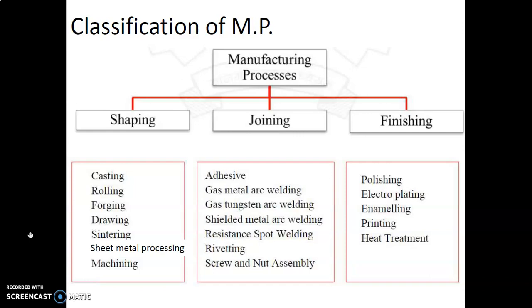Here we have polishing, electroplating, printing, heat treatment. These are some finishing processes. Don't worry about these; we will discuss them one by one in detail. So you will come to know the idea, principle, application, advantages and disadvantages of all the manufacturing processes, so ultimately you can decide which process is used for a specific application.